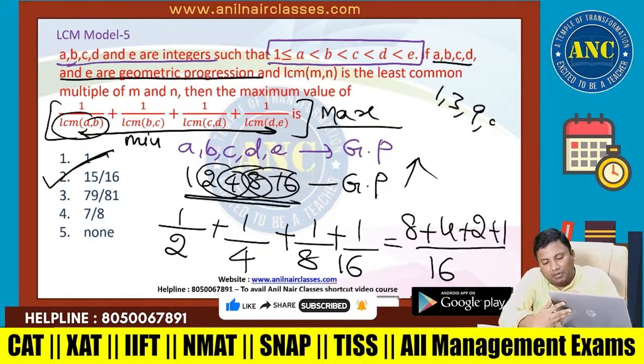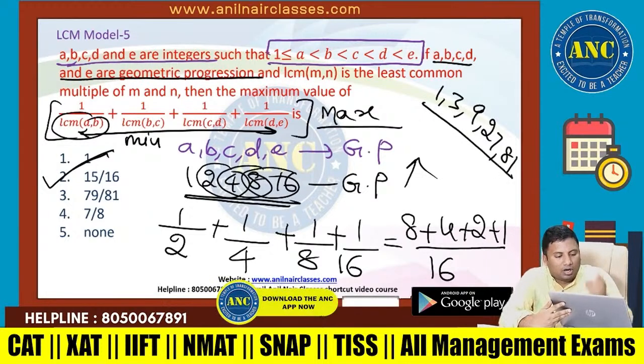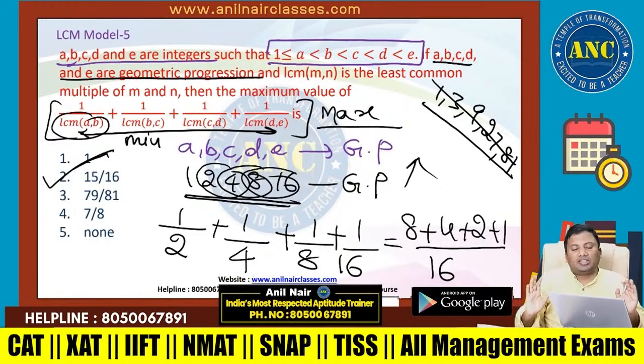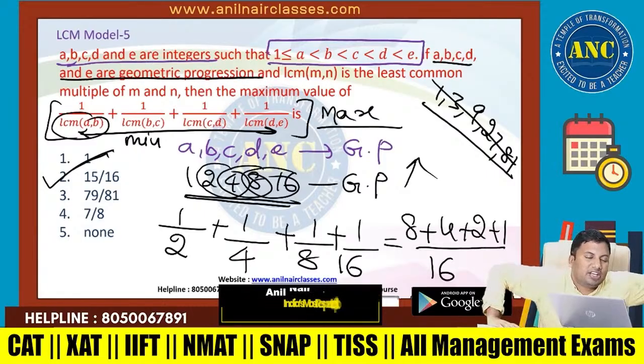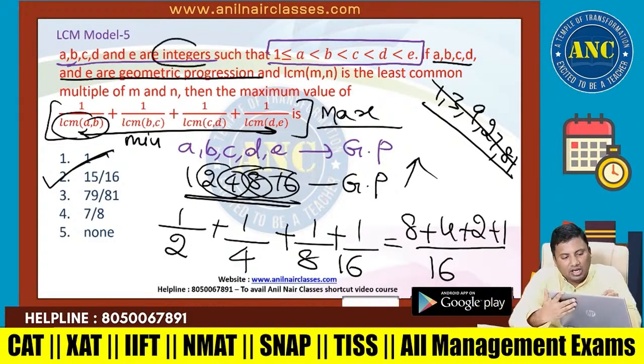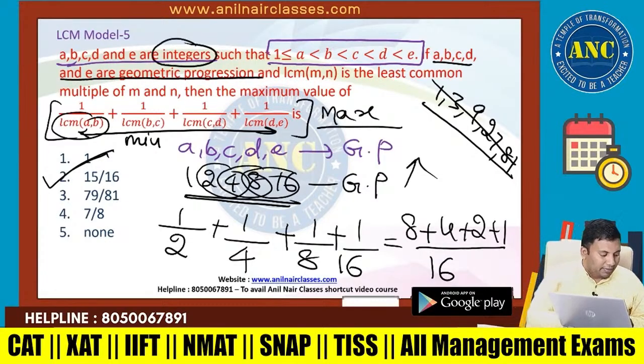If I take 139, 27, 81, the values are more, so I will not get the minimum value. That expression is maximum when the denominator is minimum. Denominator minimum, the lowest GP series in integers is 1, 2, 4, 8, 16.